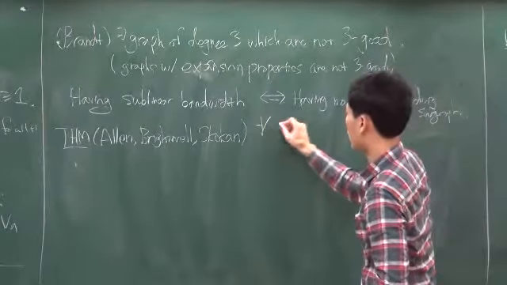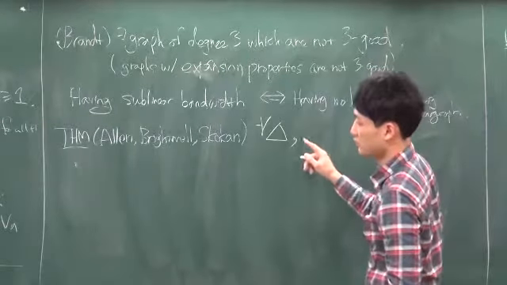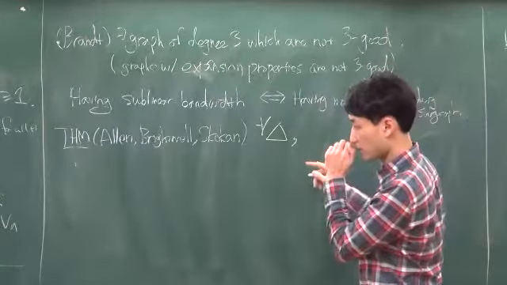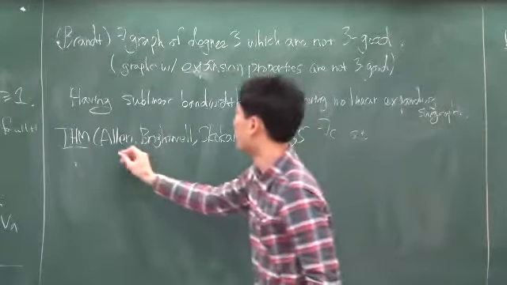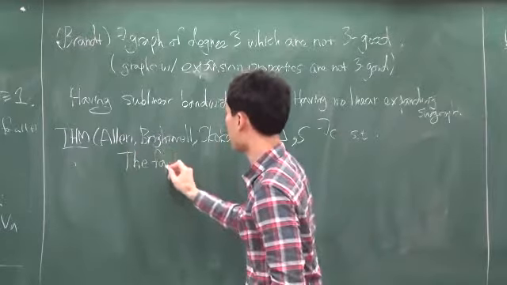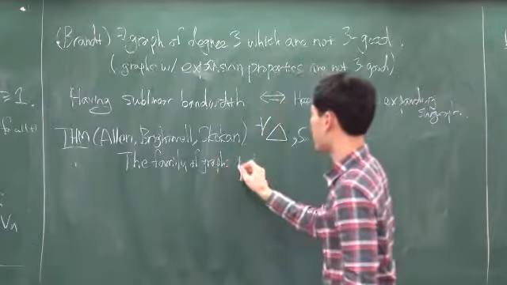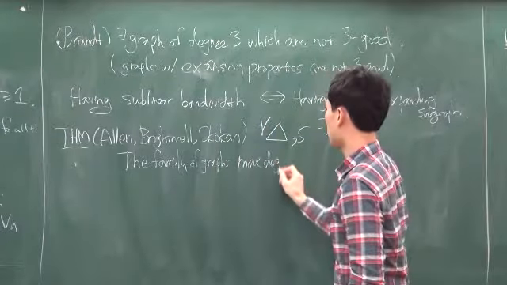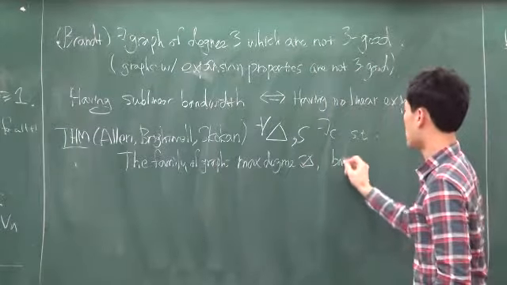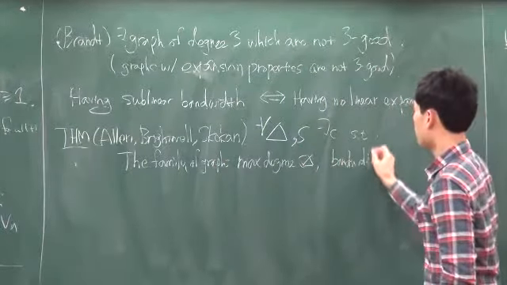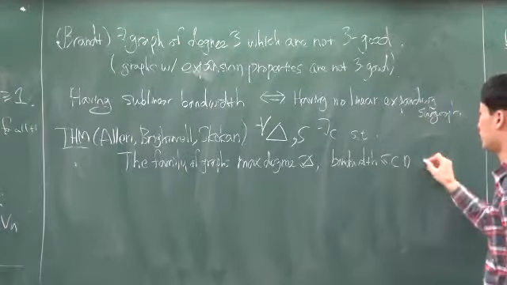So they proved that for all delta, there exists a C such that the family of graphs of max degree delta and bandwidth at most C times n, where n is the number of vertices of the graph, is S good.